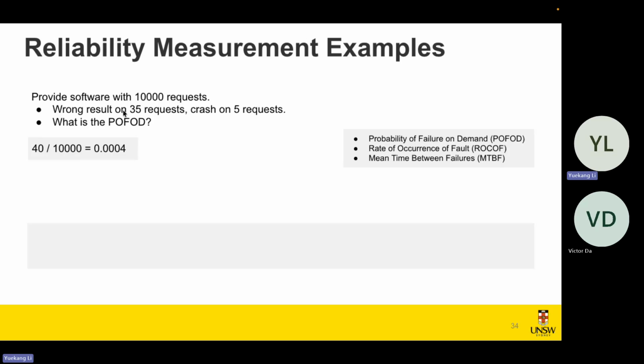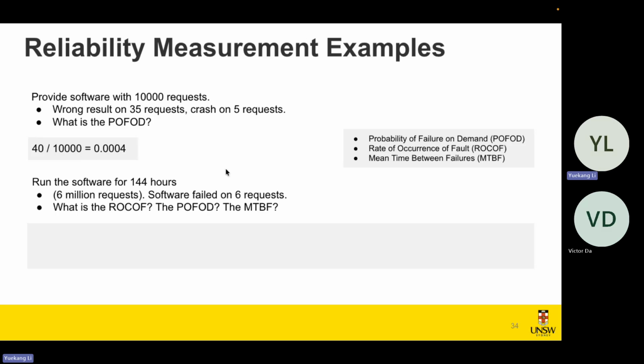Because we get wrong answers or even worse cases like crashes, we have 40 failures in total, right? So both wrong behaviors and crashes are failures. So we have 40 failures and we have 10K requests. So it's as simple as 40 divided by 10K. So this is very straightforward.